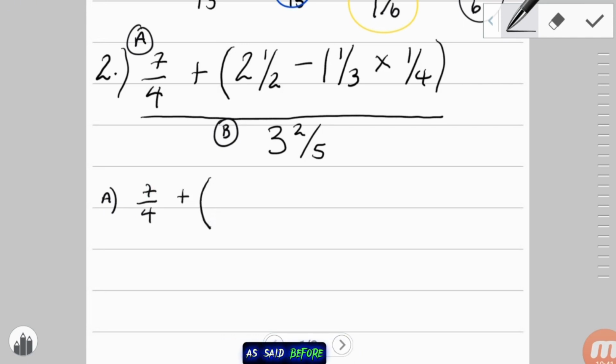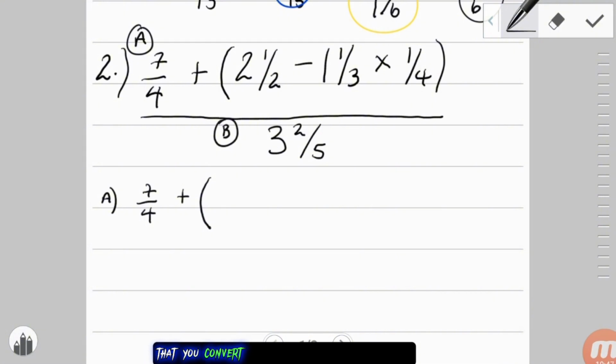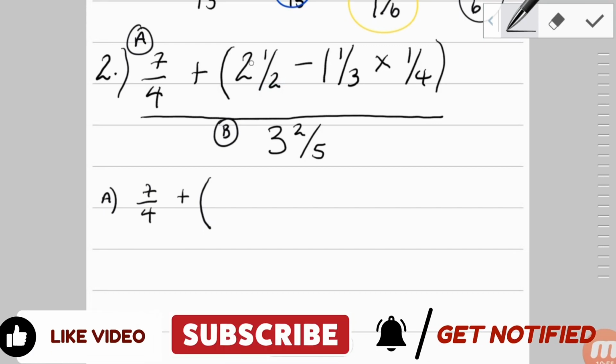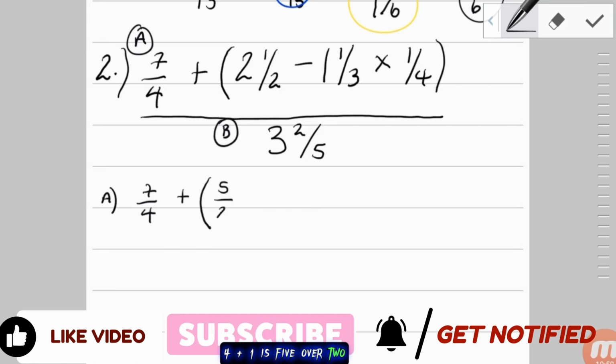As said before, once you end up with mixed fractions, it is advisable that you convert your mixed fractions to improper. So what we have here is 2 multiplied by 2 is 4, 4 plus 1 is 5 over 2.